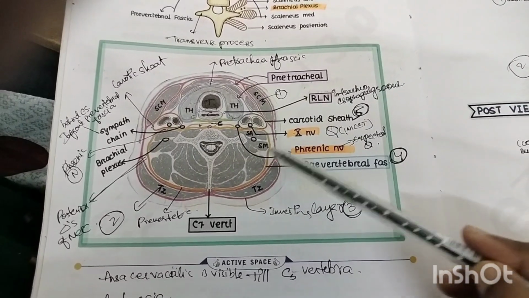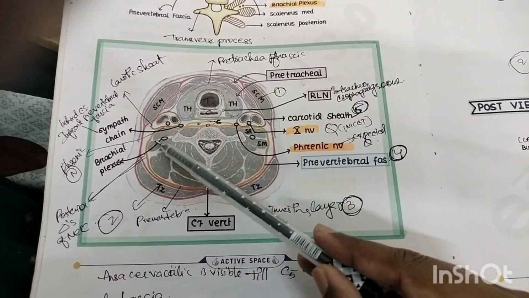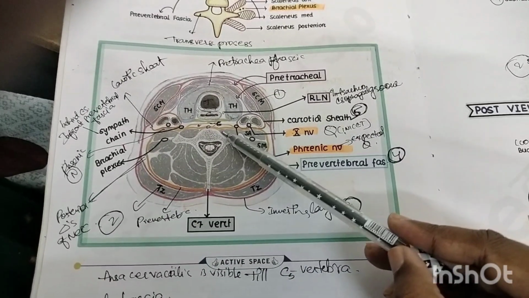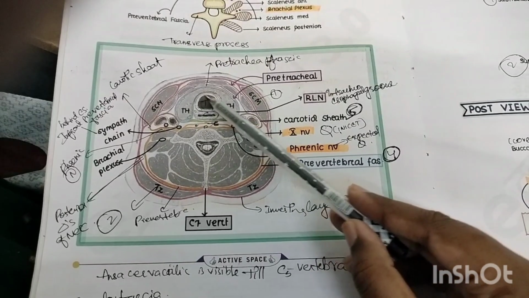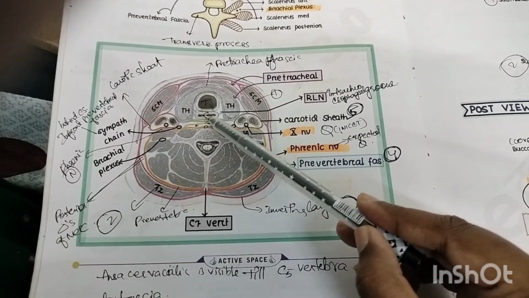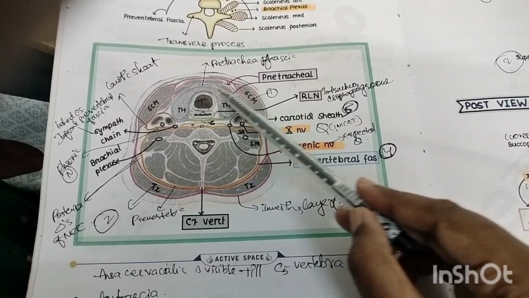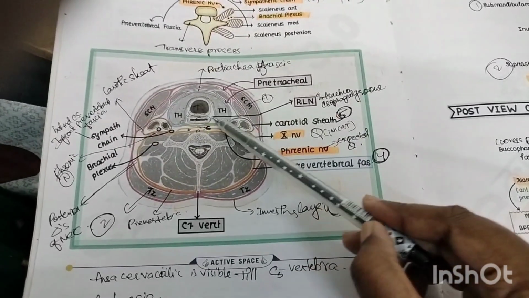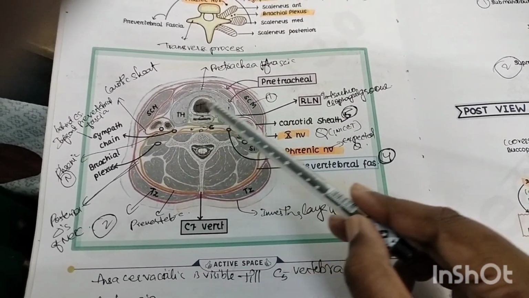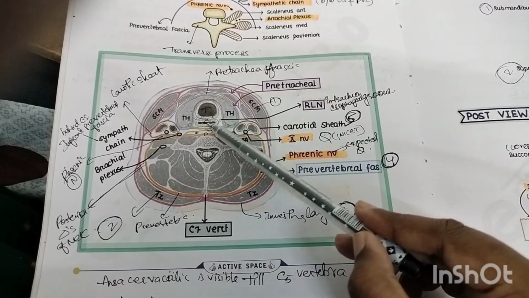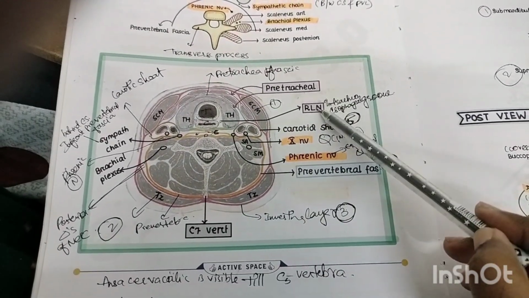In between, we have the brachial plexus. Next, this is the thyroid, and this is the esophagus and trachea. The prevertebral fascia, and the pretracheal fascia, which encloses the trachea. In the tracheoesophageal groove, we have the recurrent laryngeal nerve.